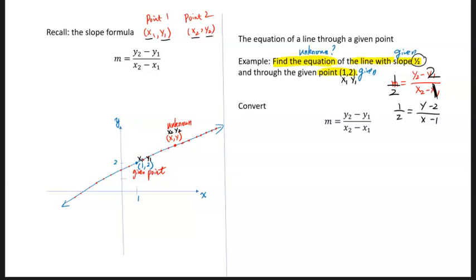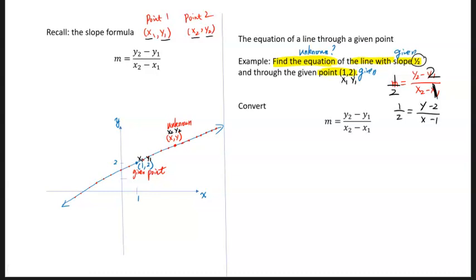But it looks different from what we had previously, for example, y equals negative 3x plus 4. That's because it's in fractional format, so we can do some algebraic work to turn this into something like that.